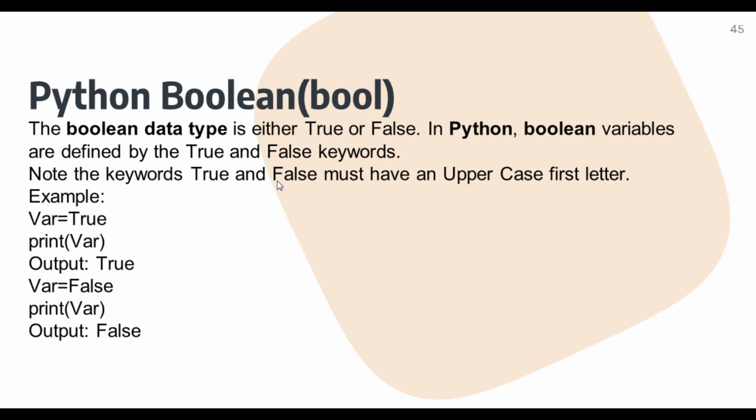Why is it useful? It is useful in a program to check program state or status, whether our program was successful in performing the operation or not. For example, you can see where equals to True. After that I will print where, so it will print the output True, because the result stored is True. Same thing here, where equals to False, and I have printed where, so the output will be False.